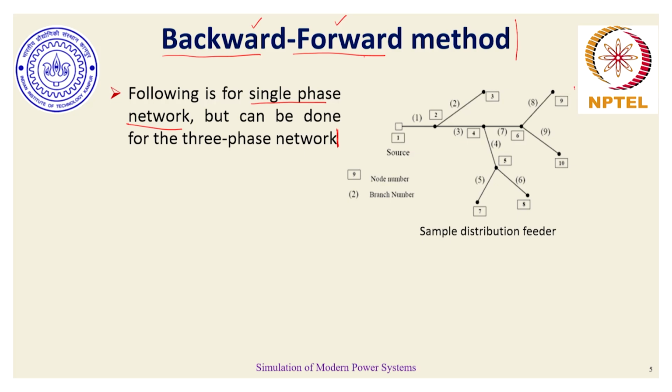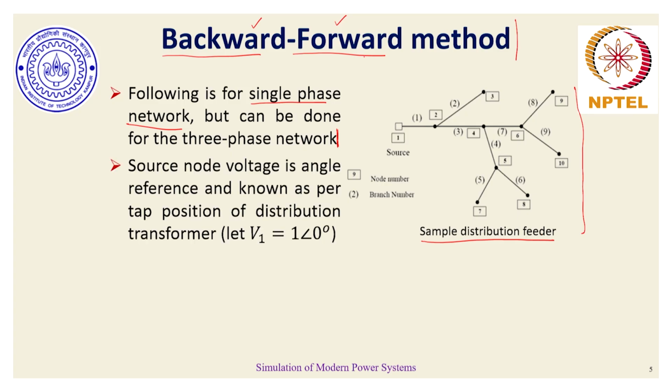The diagram that I have shown here is a simple single phase distribution network that I have considered for the sake of our discussion. Source 1, which is the voltage bus number 1, is considered as a source bus whose voltage magnitude is known, and it also acts as the reference for all voltage phase angles.